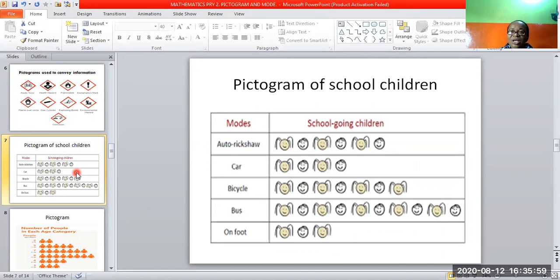When you go to a public place and there's a sign to show you the ladies and the gents, there's always a pictograph representing the gent and another representing the ladies.